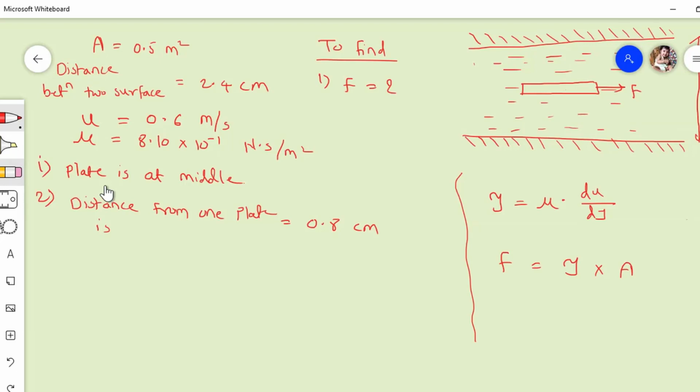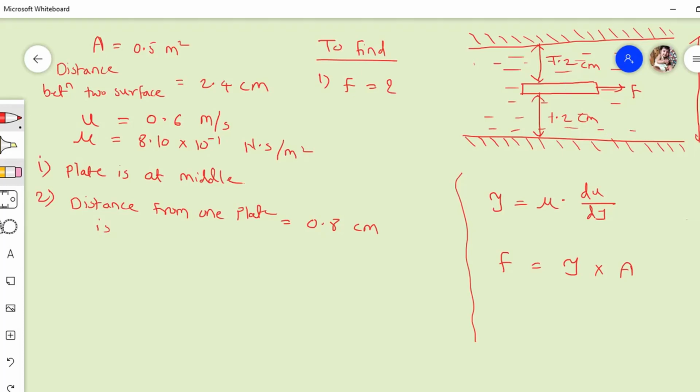Now for the first condition, plate is at the middle. So this distance is 1.2 centimeter, and this distance is 1.2 centimeter. Now this is your y.